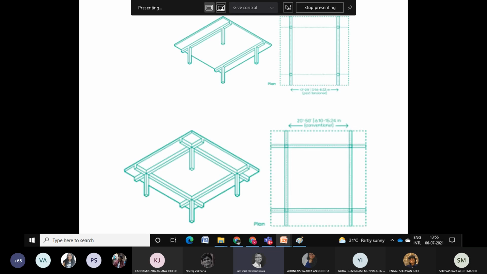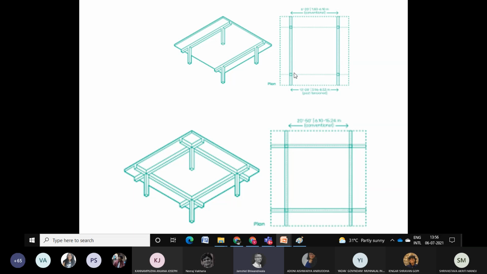So let's look at a one-way slab system. In a one-way slab system, as you all know, if I'm to revise, the slab spans in the shorter direction, which is kept preferably less than 3 meters, and the beams are on the other end.